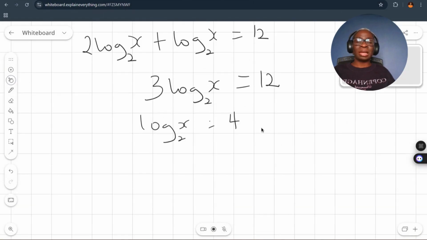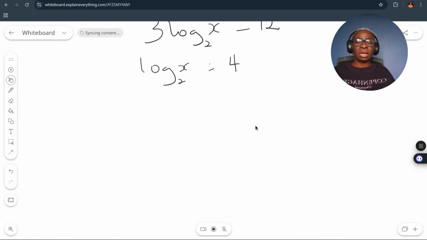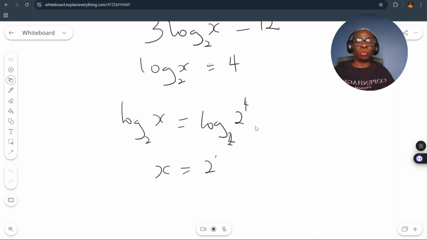Now if log x base 2 equals 4, let's introduce log to the other side, so that log x base 2 equals log 2 base 2 raised to power 4. Then log cancels log, and x equals 2 to the power 4. So x equals 16, because 2 raised to power 4 is 16.